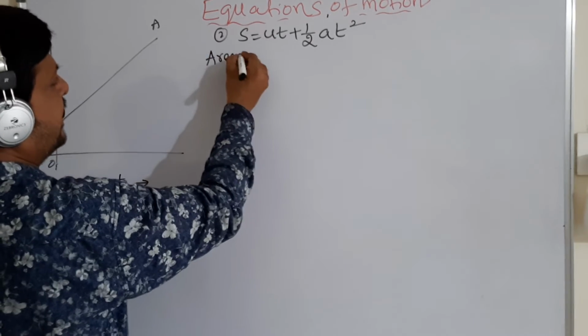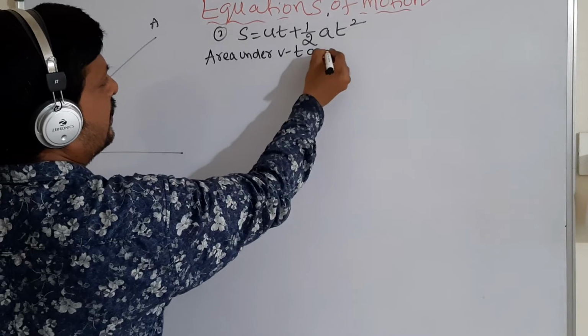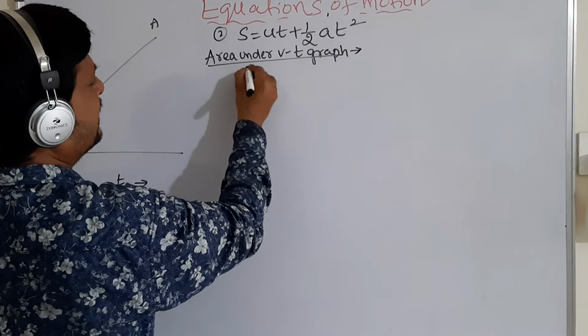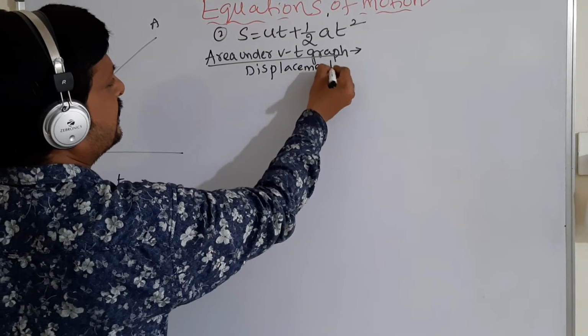s means displacement. So from the velocity time graph, which part gives displacement? Already we know, the area. So the area under the VT graph gives displacement. This is the key for this.